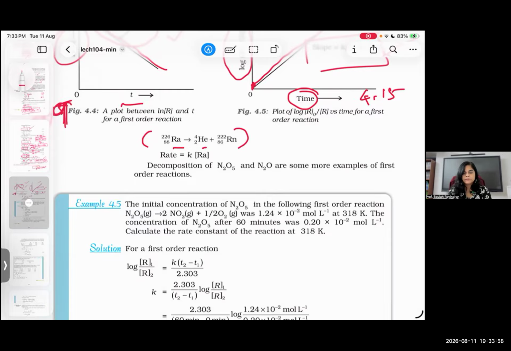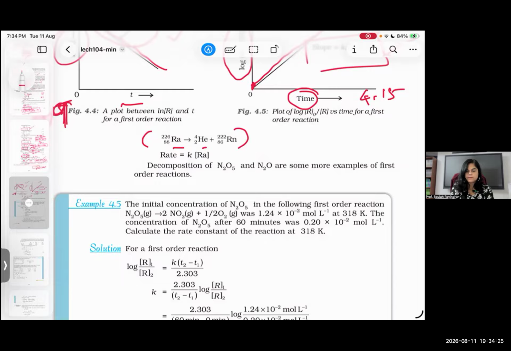Here, for example, if you have radium, what is radium's atomic number and mass number? What is the number given? 226, right? The mass number is 226 and the atomic number is 88. Clear?